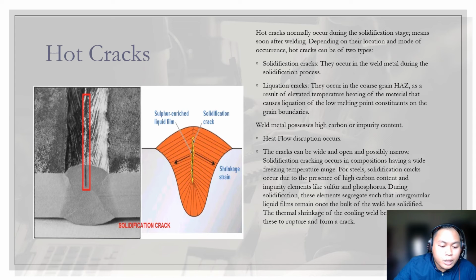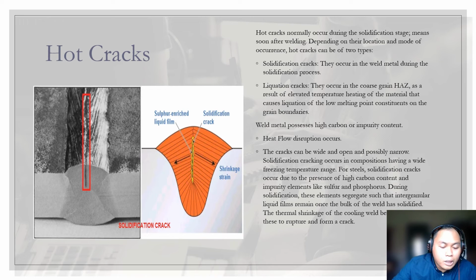Liquefaction cracks occur in the HAZ as a result of elevated temperature heating of the material, which causes liquid of low melting point to concentrate on the grain boundaries in metals with high carbon or impurity content.